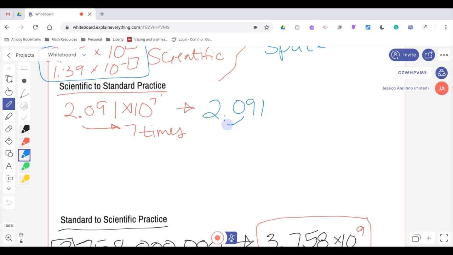I'm going to move it 1, 2, 3, and now I have 4 more spaces to move it. 4, 5, 6, 7. All of these spaces will get filled with zeros. So I'm going to rewrite this number as 2091 with 4 zeros.